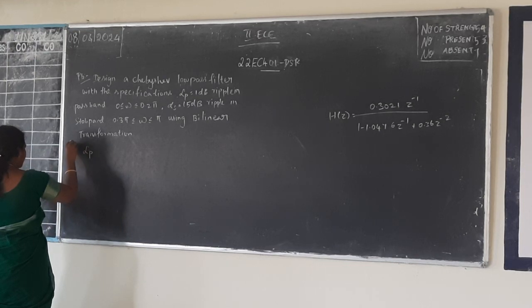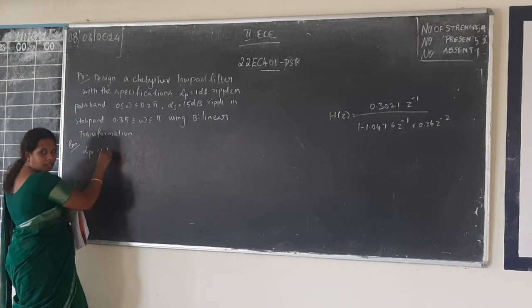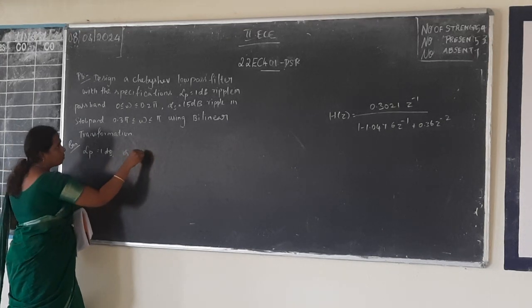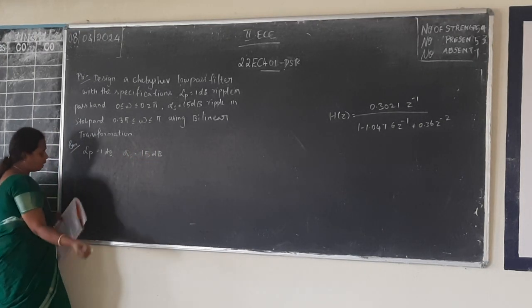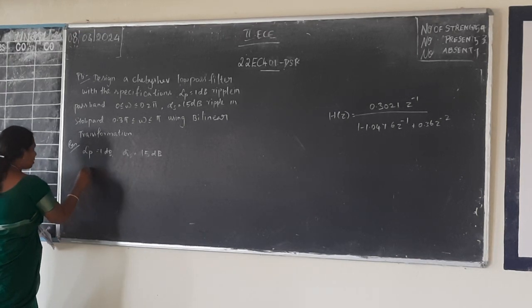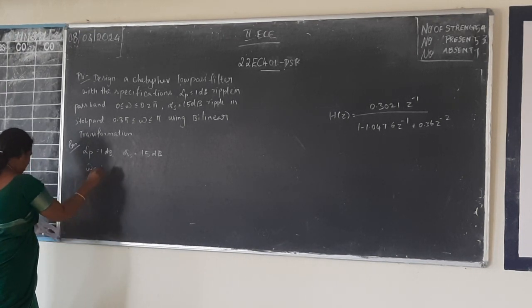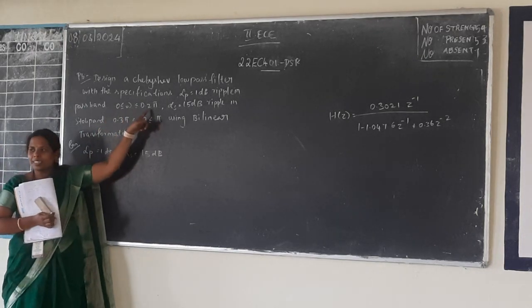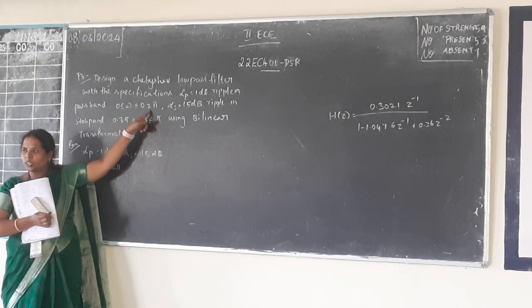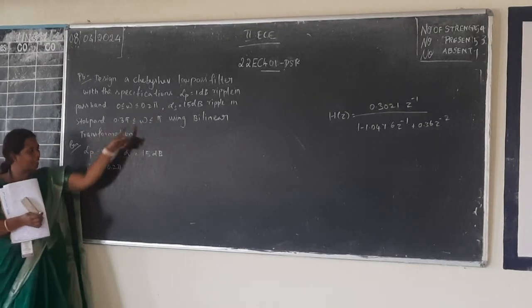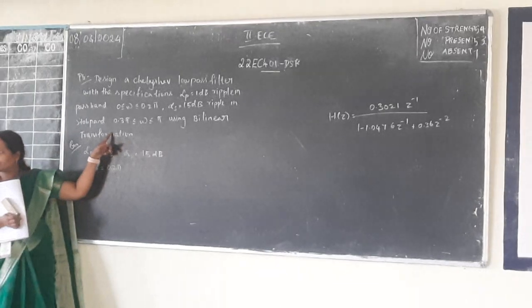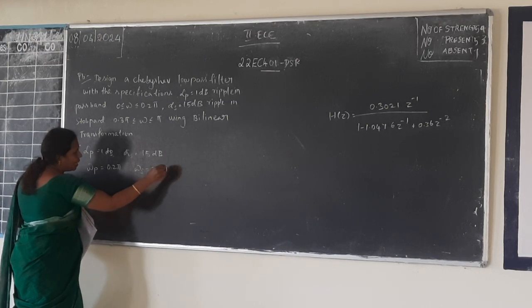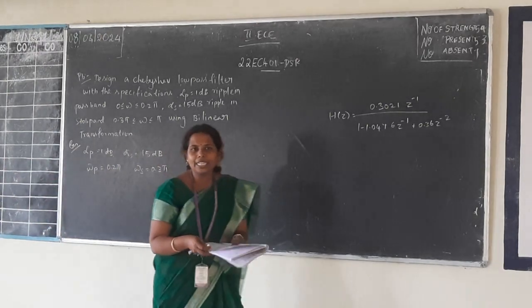The given values are alpha p equal to 1 decibel and alpha s equal to 15 decibel. In the pass band the frequency is 0 to 0.25, so omega p is 0.25 and omega s is 0.35. These are the values given.